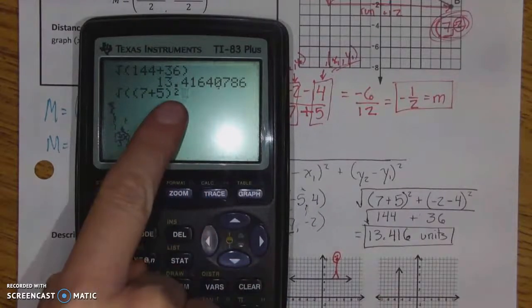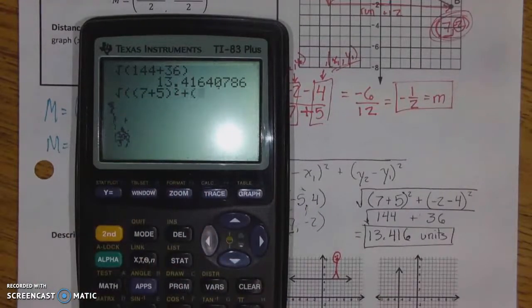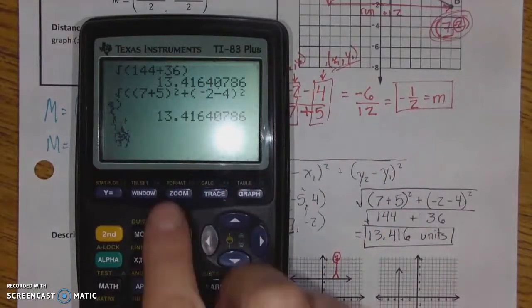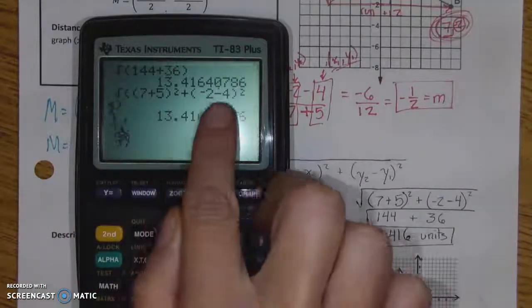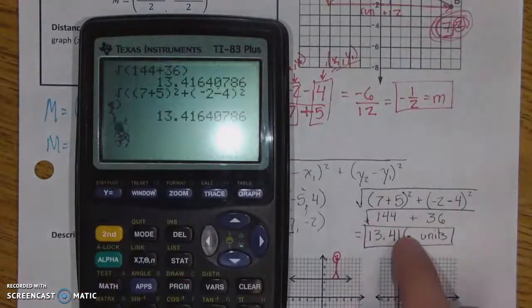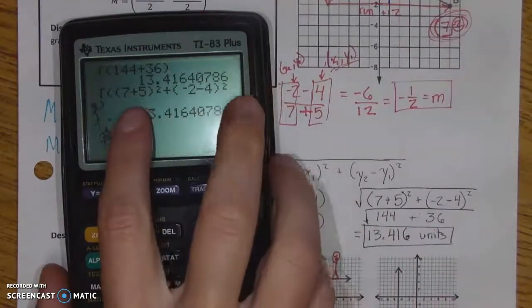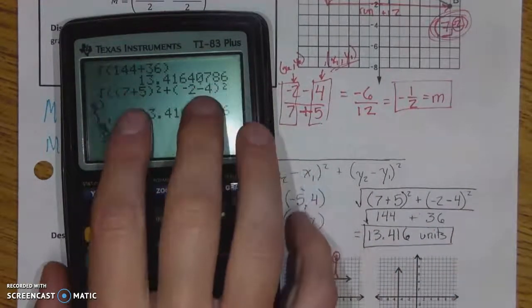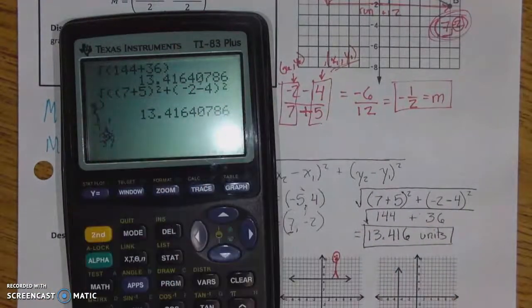Don't forget your squared, a lot of people do, plus that negative 2 minus 4, again, close parentheses and square it, and then close your parentheses overall, and that will give you the same one in one go. But there are a lot of little mistakes that people make, and it'd be really sad if you get all this stuff written out right and you end up just typing it in wrong. So take care when you're doing that. I'd hate for you guys to go through all that work and end up with the wrong answer.